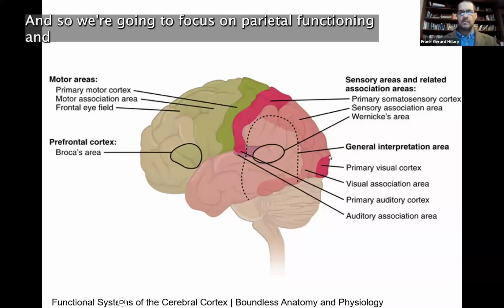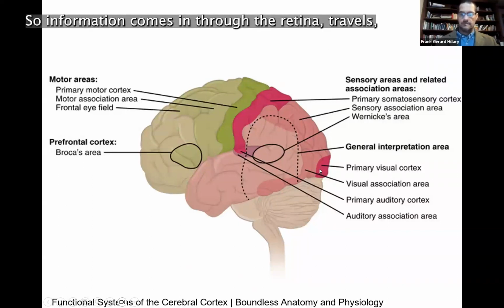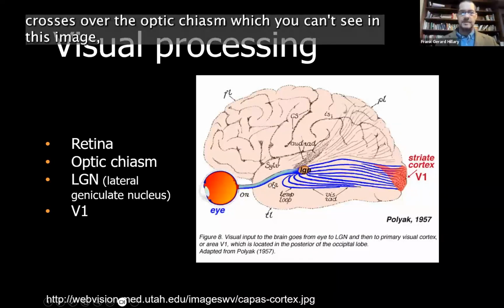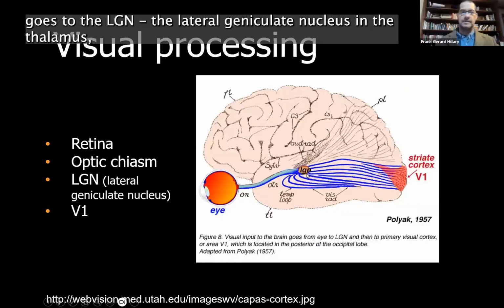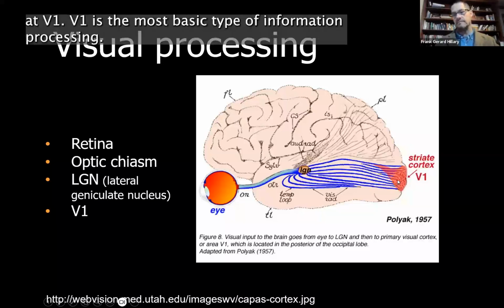We're going to focus on parietal functioning and the ventral stream and the temporal lobe with regard to visual systems. Information comes in through the retina, crosses over the optic chiasm, which you can't see in this image, goes to the LGN, the lateral geniculate nucleus in the thalamus, and then it spreads out and ends up here at V1.